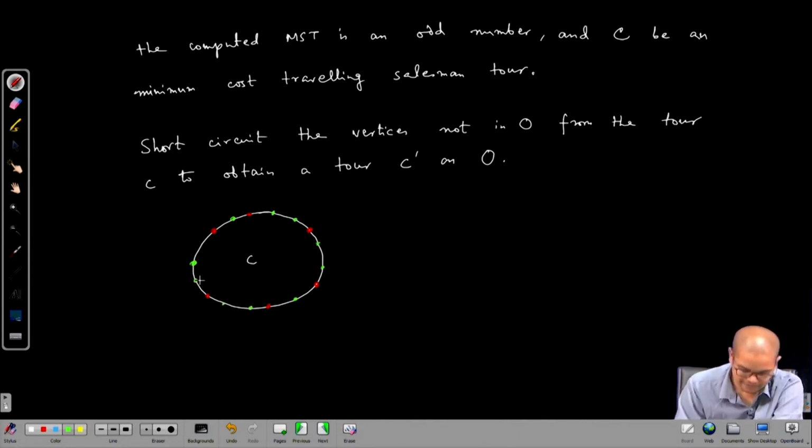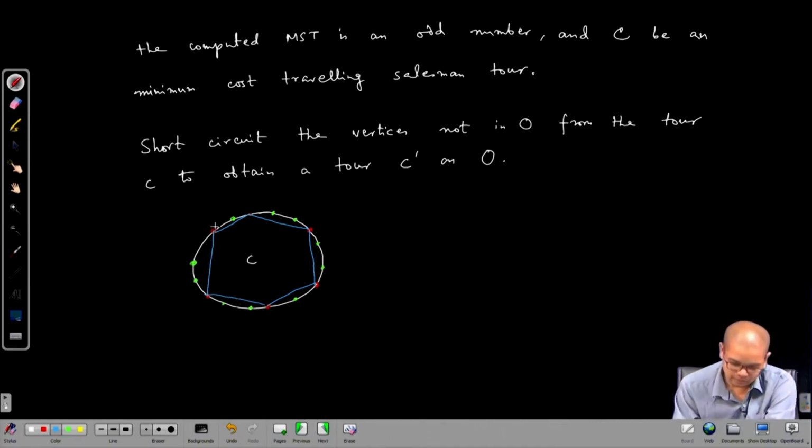So, from C you short circuit and visit only odd vertices. Okay, and this one we are calling C prime.